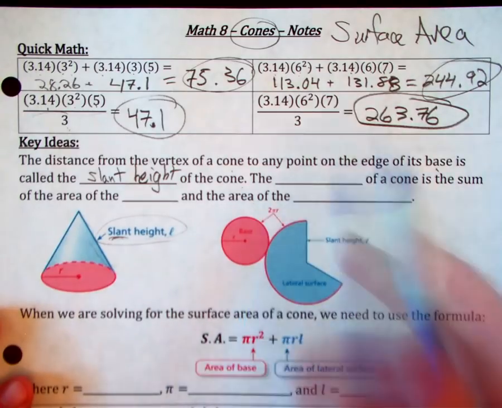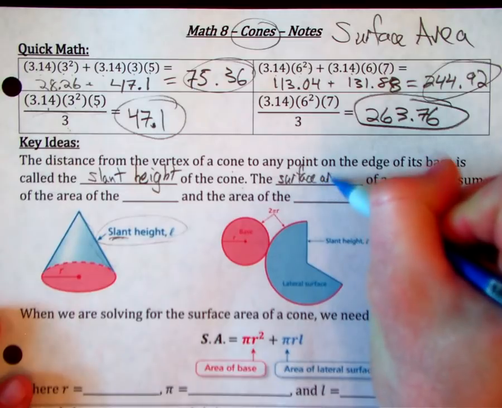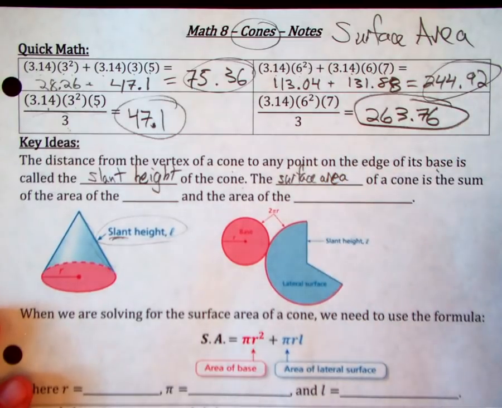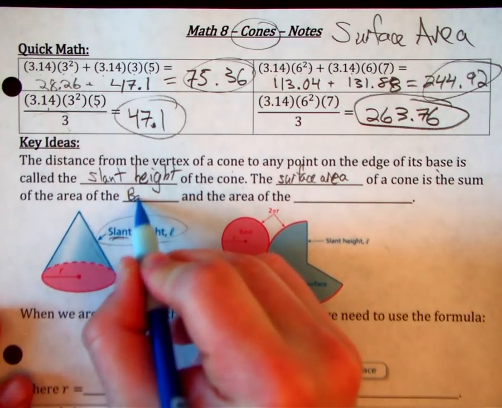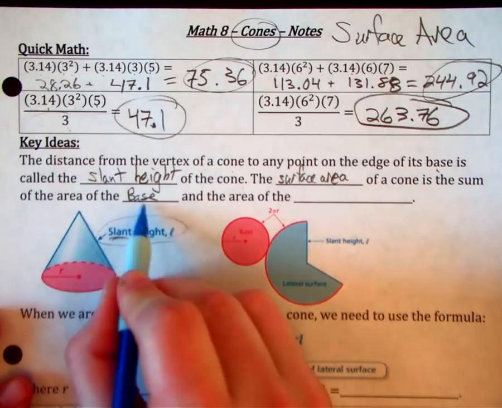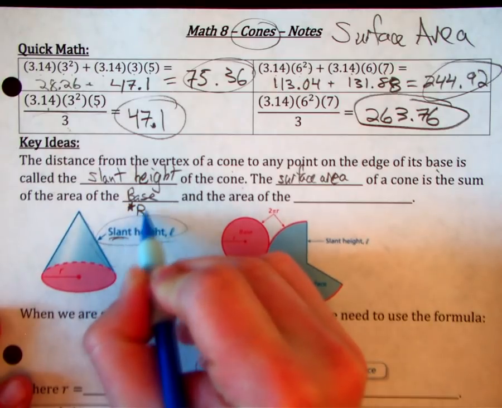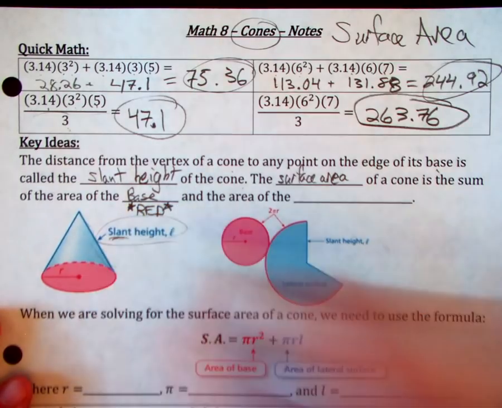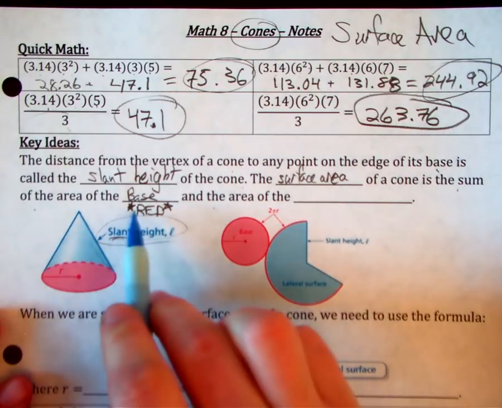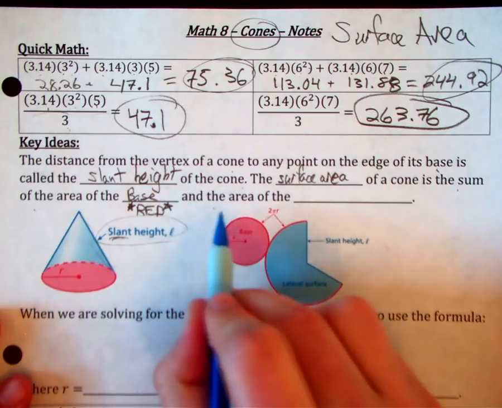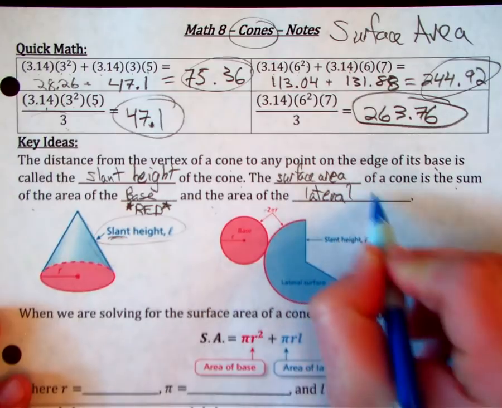And that says the surface area. So the surface area of a cone is the sum of the area of the base. The sum of the area of the base, and the area of the base, that's going to be our part in red. So let me just make a little star and say that's our part in red. Okay, and then it says we're adding the sum of the area of the base and the area of the lateral face.